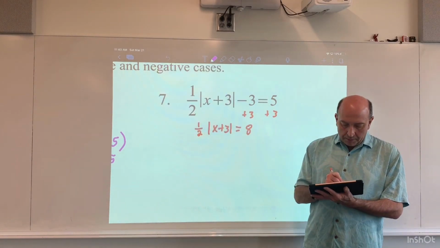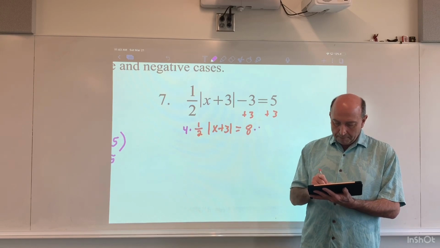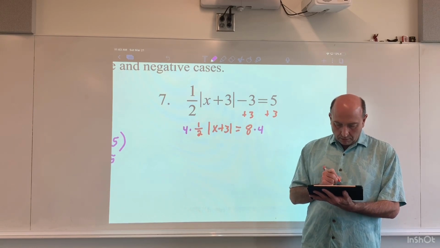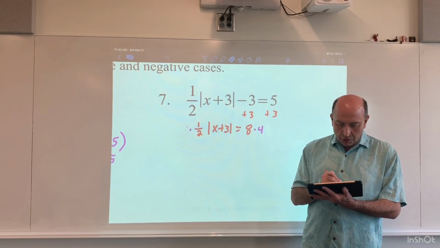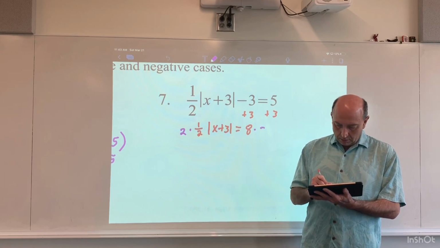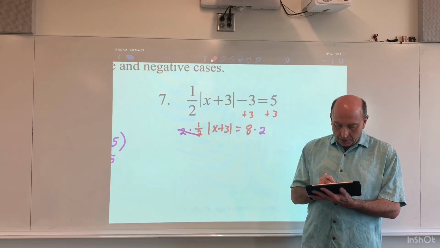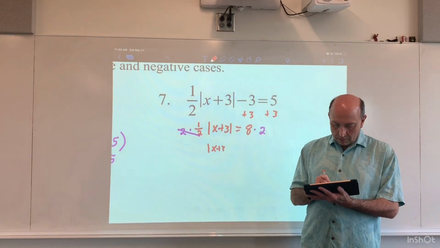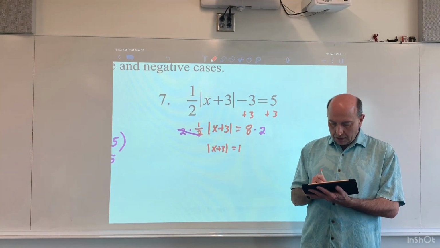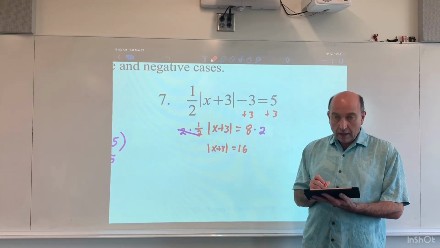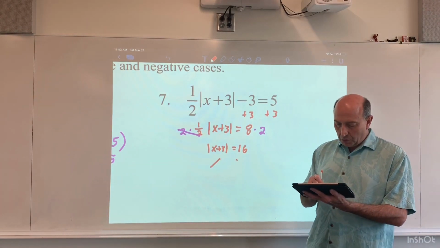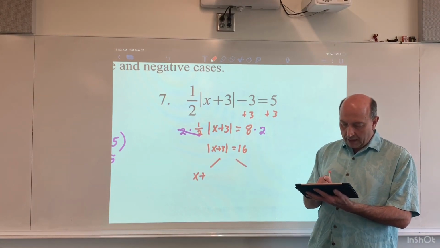Now we'll multiply both sides by 2. Those will cancel. So we get the absolute value of x plus 3 equals 16. Now the absolute value is by itself, so we'll split it into its positive and negative cases.